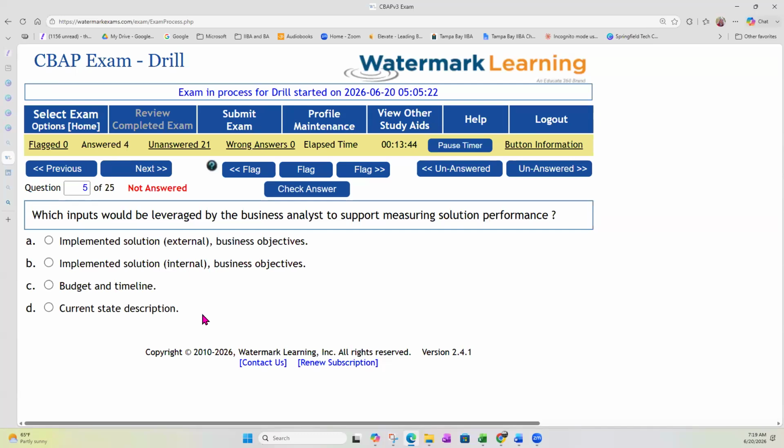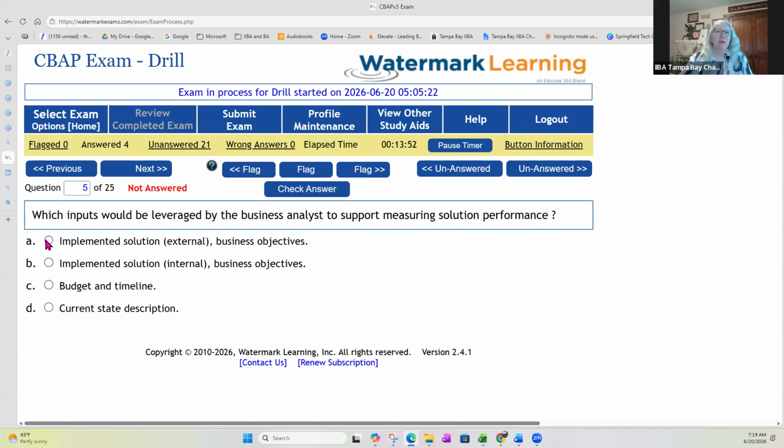It's either A or B because it has the business objectives, but I'm not sure if it's external or internal. Okay, so we've got a vote for A and a vote for B. So that means we want to eliminate these. I need somebody else to vote.